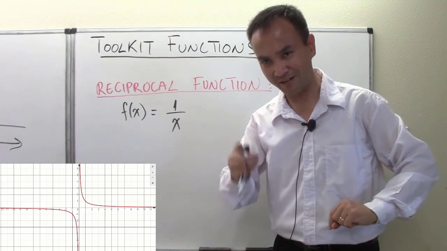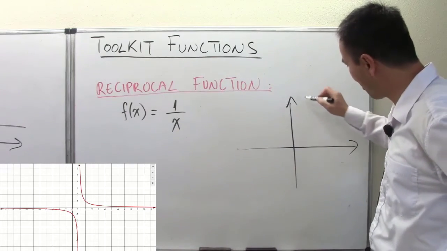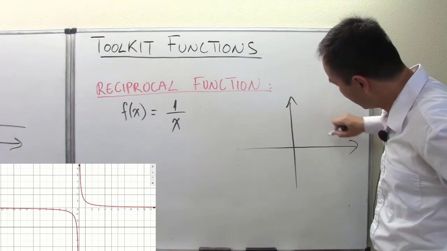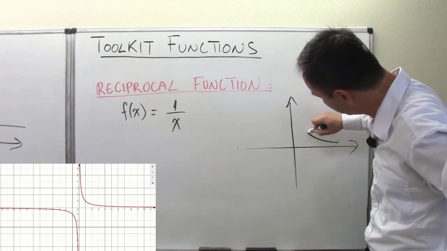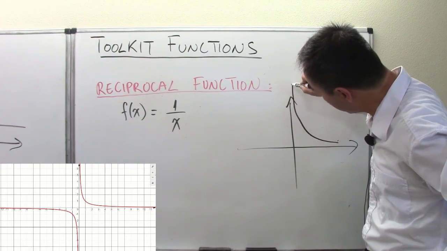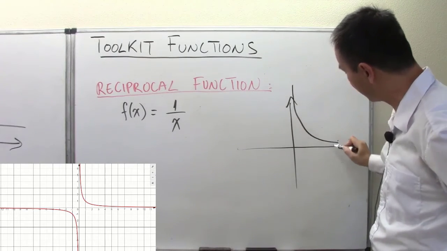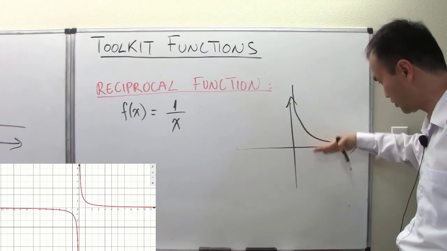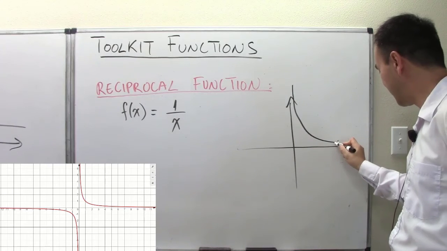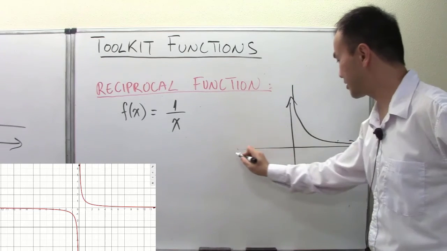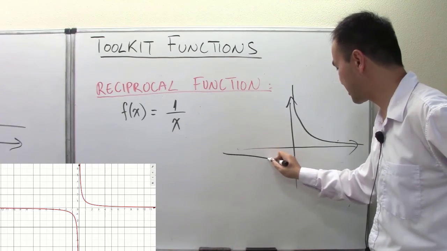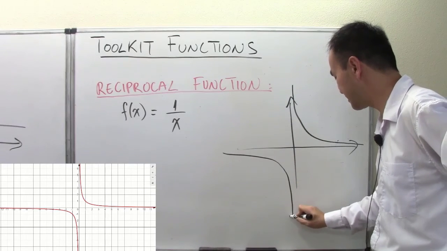One piece is like this. It keeps getting closer to the y-axis, and then it rises higher. In the same way here, it keeps getting closer to the horizontal axis and gets further out. Then the same similar piece, being opposite and symmetric, is down here.